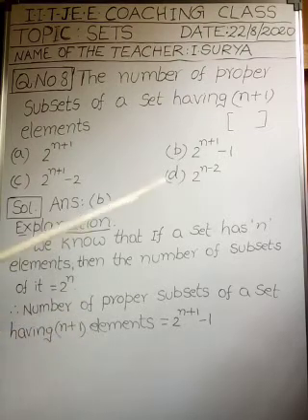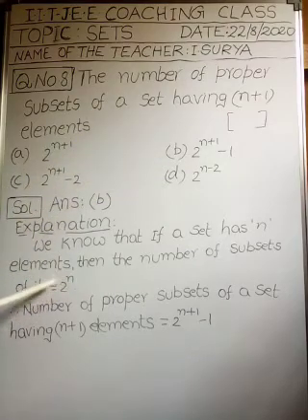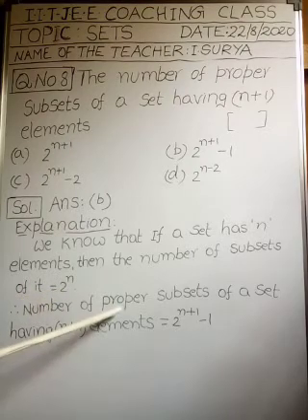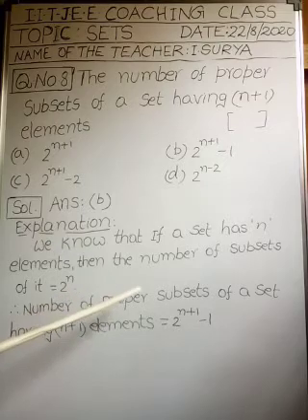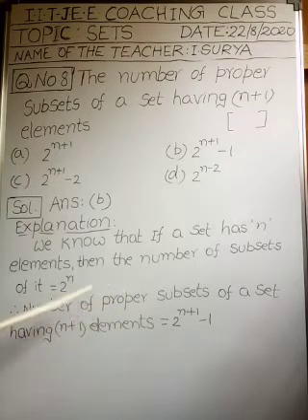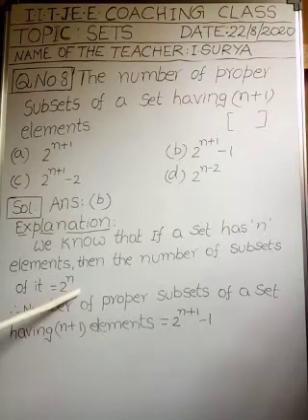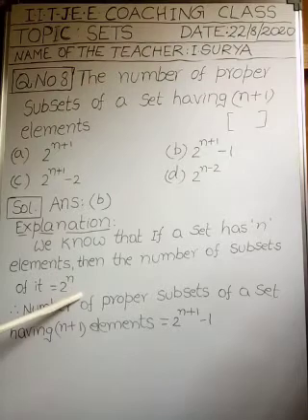Okay, so in the 2 power n subsets, the set itself can also be considered, but proper subset means we have to exclude that set. Suppose here 20 subsets are there, then the number of proper subsets is 19 only.